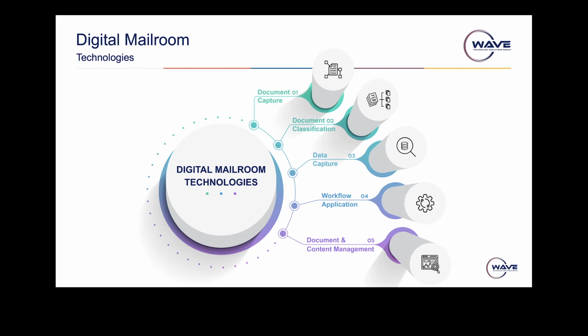Workflow applications enable electronic documents to circulate inside an organization to support business process automation, accommodating approvals and collaboration, which increases efficiencies and lowers labor costs and costs of compliance.